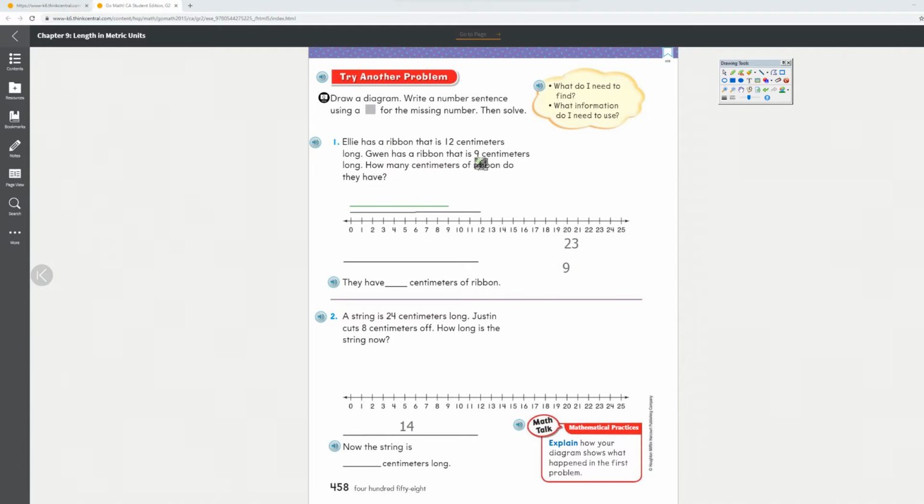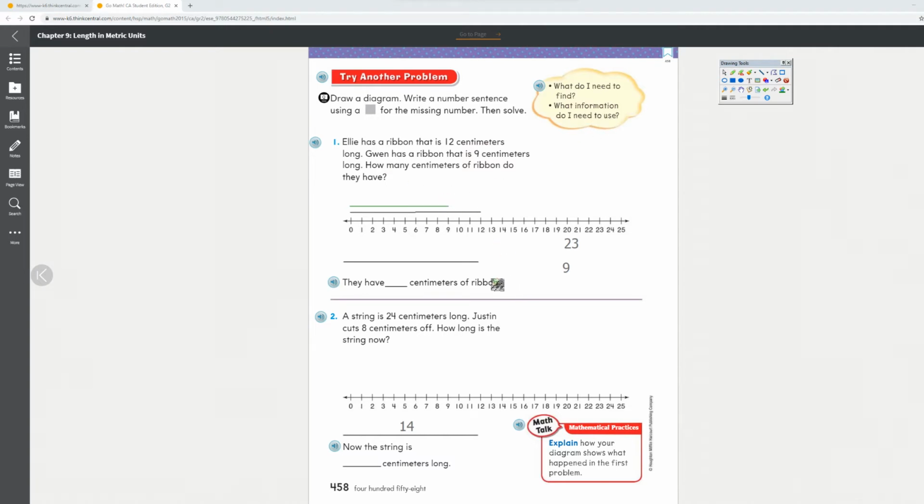How many centimeters of ribbon do they have? The question is asking how many centimeters of ribbon they have together if you add them both together. So we need to find out both of their ribbon sizes, which we did. We drew them here. And then we can use this information to help us answer this question.